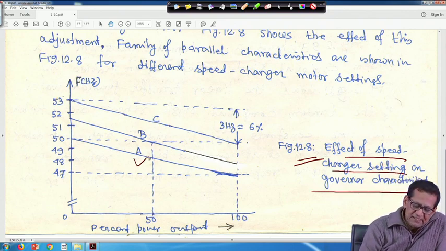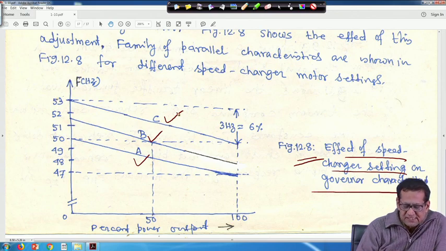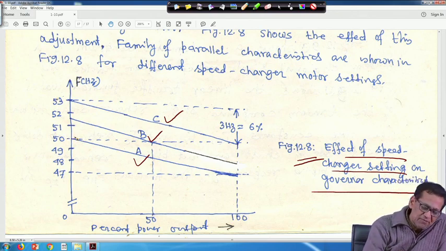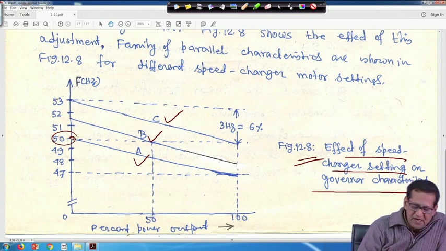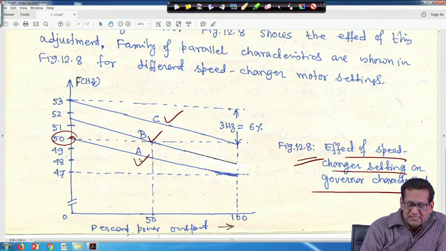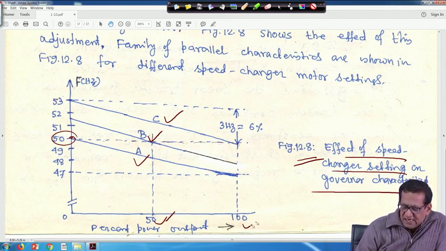Characteristic A, characteristic B and characteristic C. Now, when it is operating at nominal system frequency, say 50 hertz, power generated is 0 for A, but at 50 hertz, for B it is 50%, and for C, look at this dash line, it is 100%.